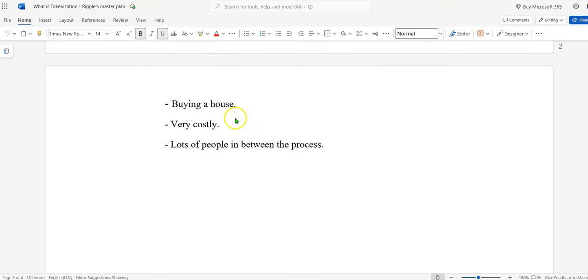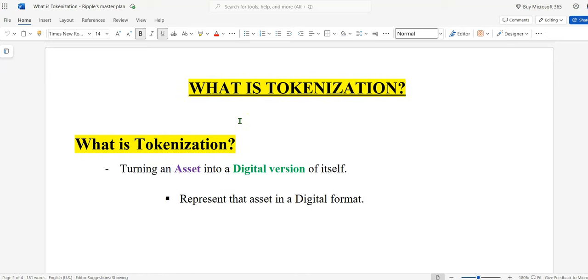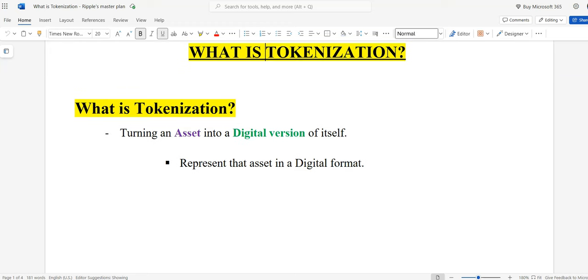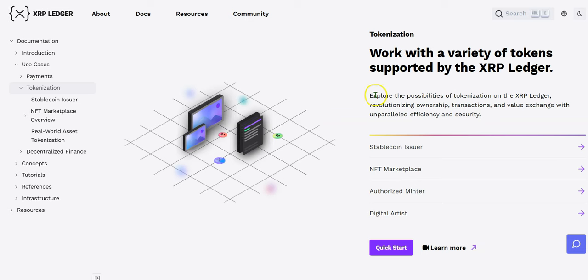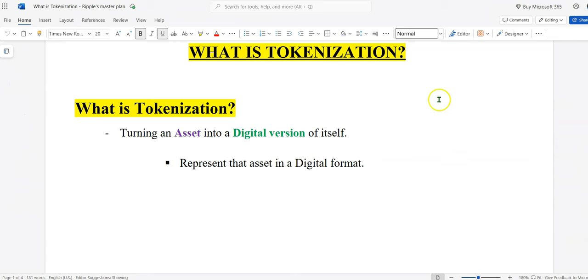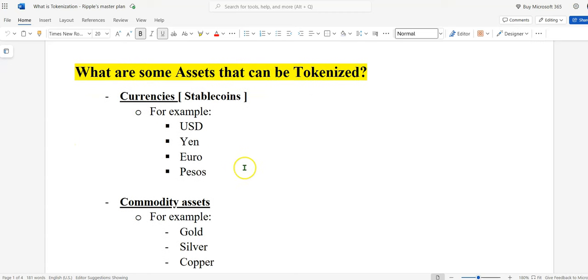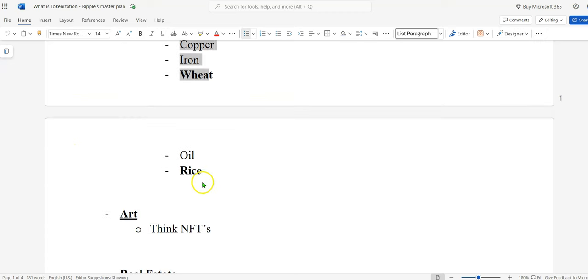So this is what tokenization is. It's very interesting. It's going to transform the financial world in a tremendous way. I don't think anybody really understands how big the transformation will be. But yeah, how do you even calculate that, right? If you end up tokenizing all of this, and there's still more.